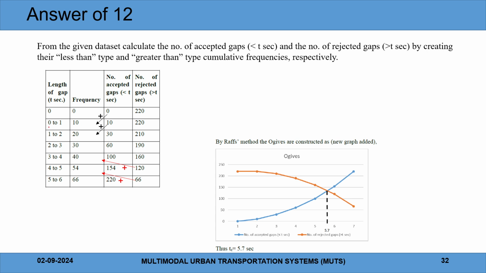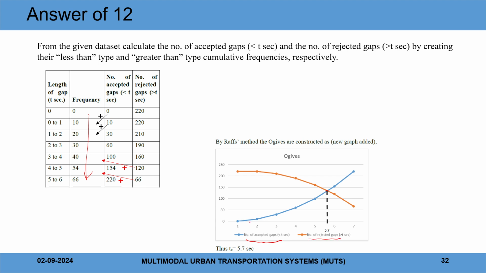The frequency says that for a 0 to 1 second gap, 10 people are accepting, then for 1 to 2 seconds, 20 people are accepting. These frequencies are given, and to find the critical gap, we need the intersection between the number of accepted gaps and the number of rejected gaps.